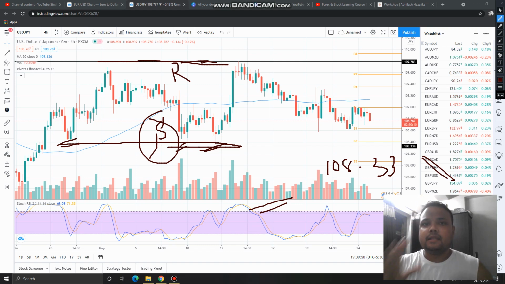And this market is neither in an uptrend nor in a downtrend. This market is in a range, a sideways market, so we can go for a buy here, and we can go for a sell here, but there is no trading opportunity in the middle, because if you short the market here, then your stop loss will be around here.